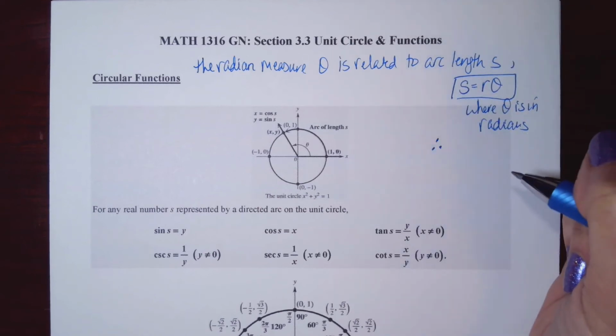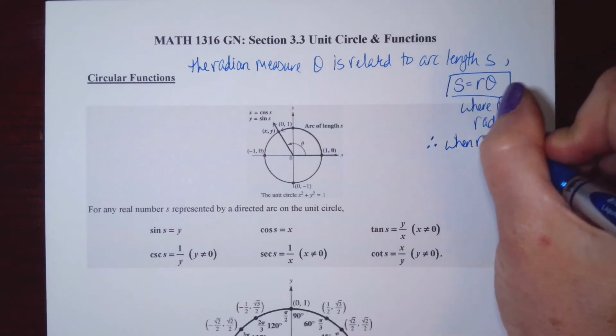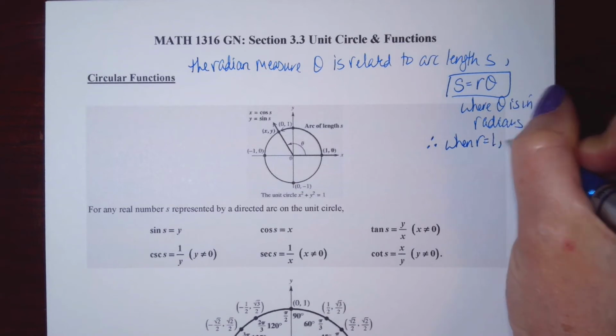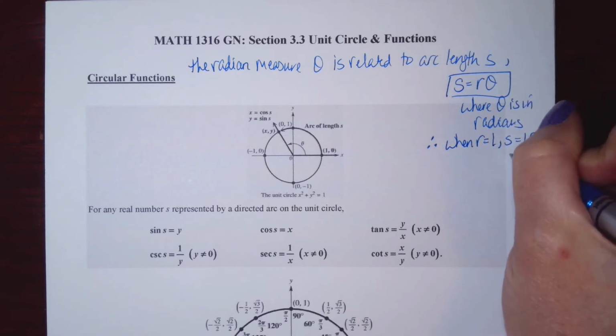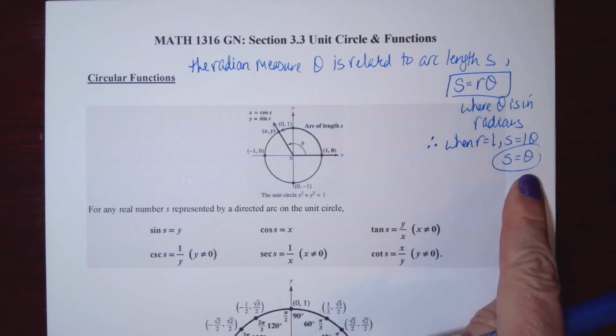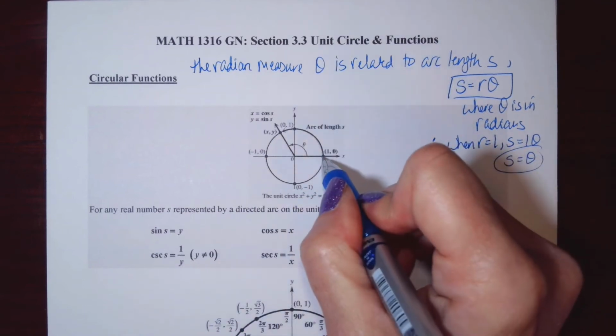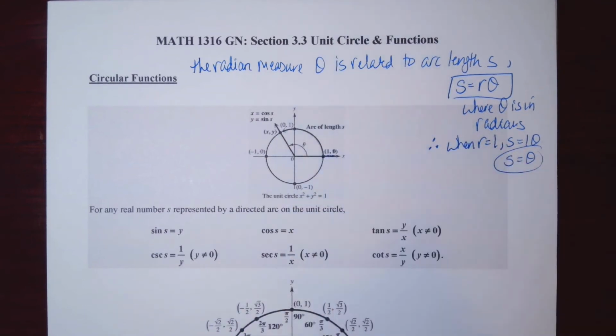Therefore, when r equals 1, S equals 1 theta, or just theta. So my arc length is the same as the angle theta if I'm on the unit circle, if the radius of my circle is 1.